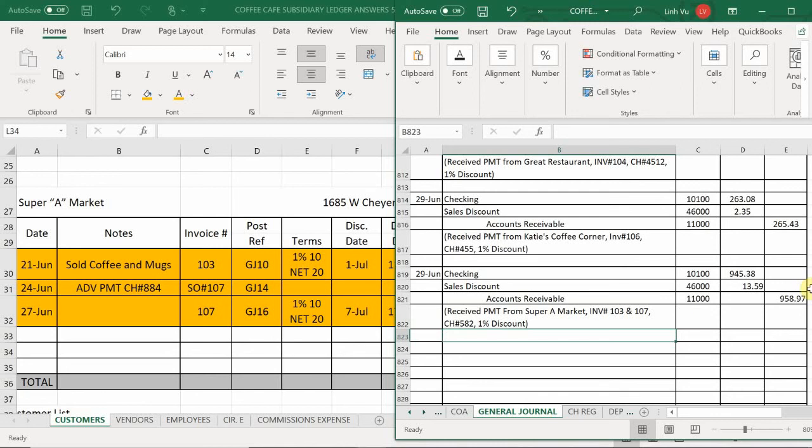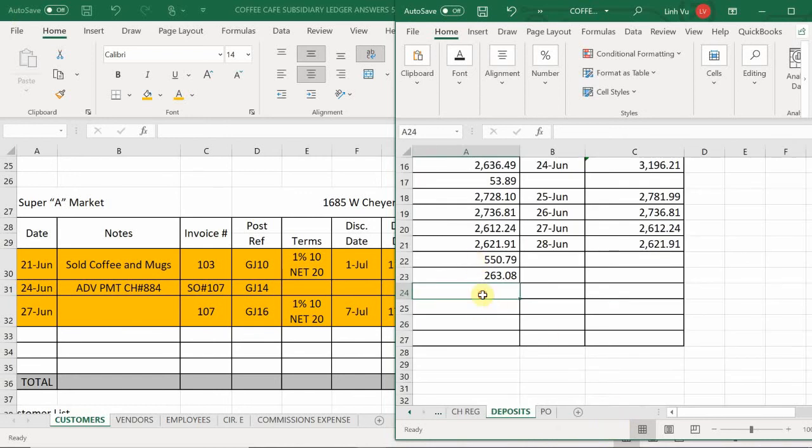So what's next? Okay, we could do the deposit. So we'll deposit that money in, okay, for the $945.